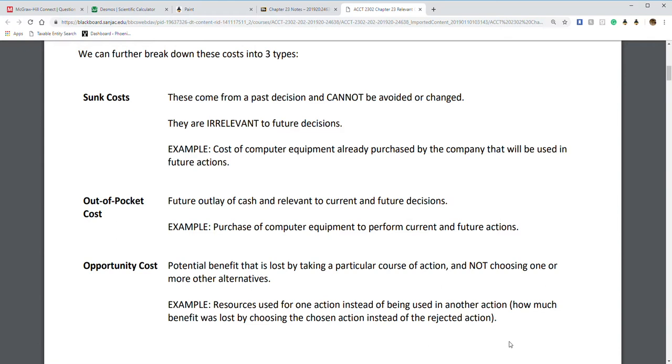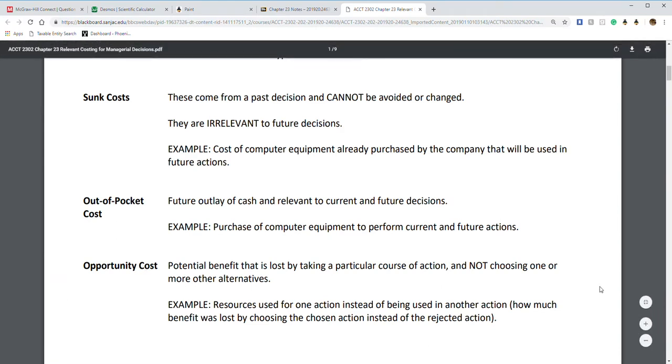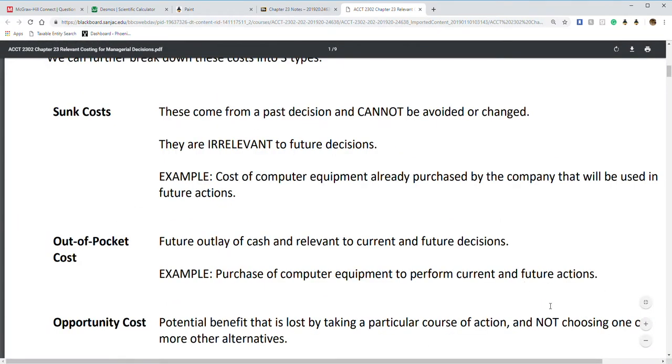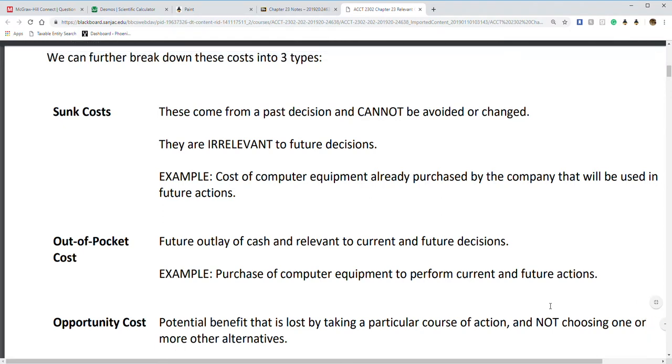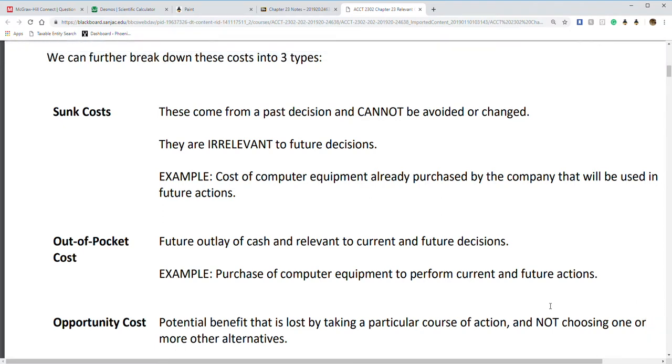Next, you have out-of-pocket costs. Let me zoom in so you can see the whole page. Out-of-pocket costs are future outlays of cash that will go to a future decision. Their example again is computer equipment that's purchased to perform current and future actions.